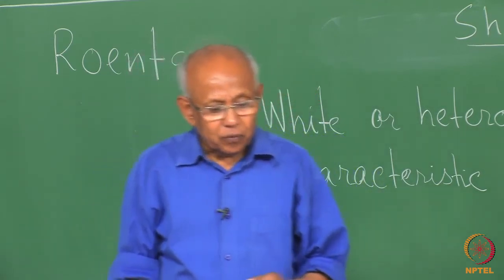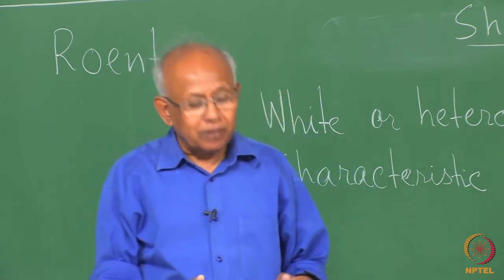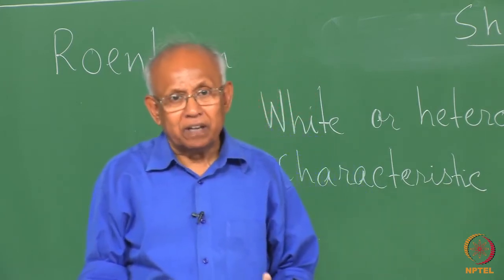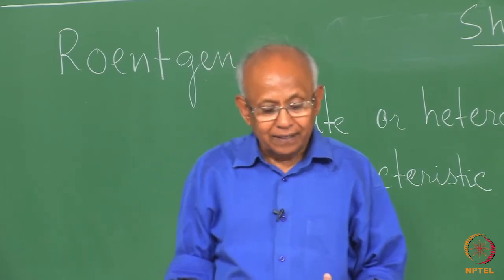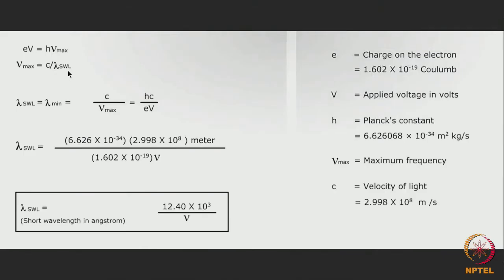So, when we look at the lambda short wavelength limit, which is associated with the electron having the highest energy, we can simply write lambda SWL is the lambda minimum. It will be c by nu max, from these two equations, equal to hc by eV.